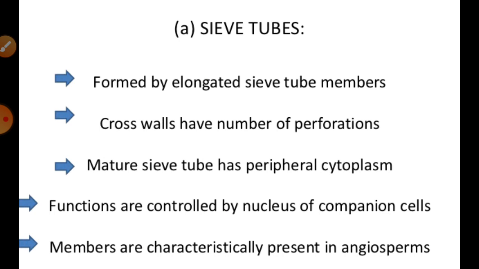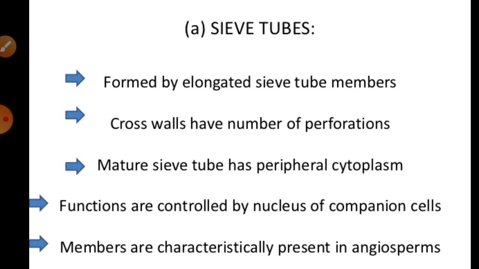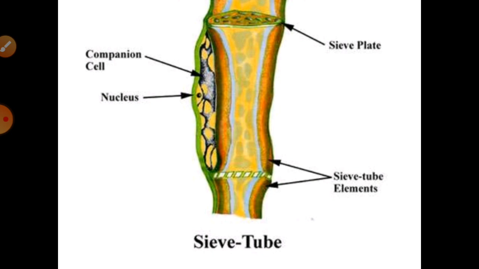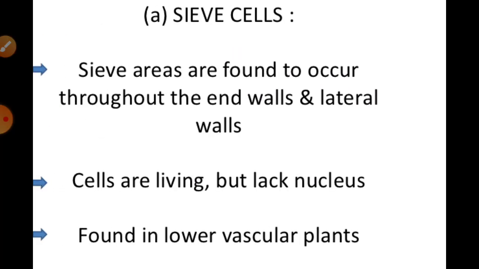So we have to know about the functions of these sieve tubes, especially how they can be functionalized. As you can see in their structure over there, these sieve tubes can have two types of elements, generally sieve cells as well as the sieve tube members, right?